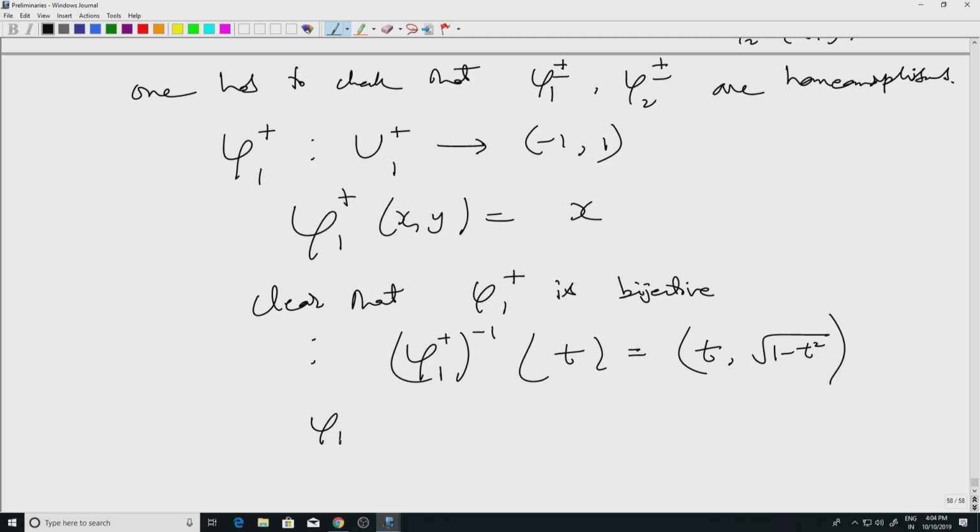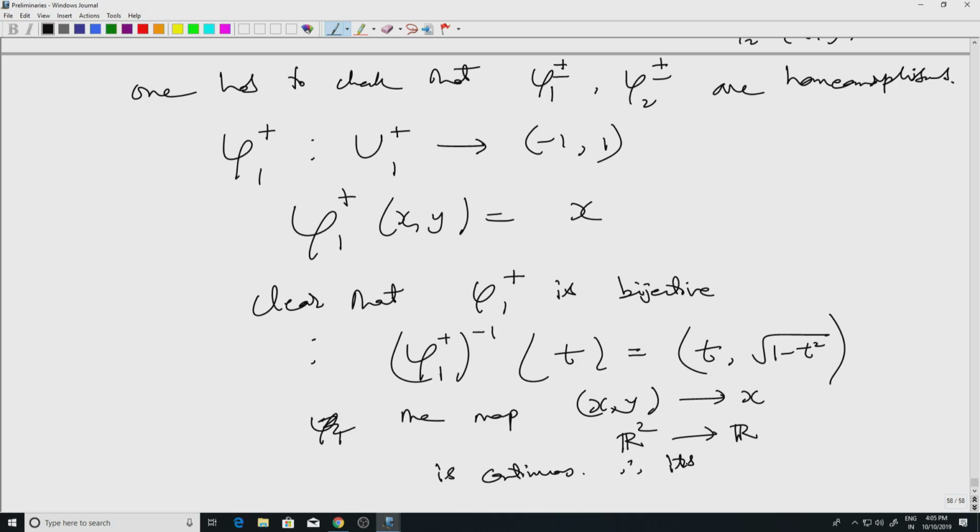One easy way to see that is the map (x, y) going to x. This is a map from R2 to R, which is obviously continuous. Therefore, its restriction to S1.